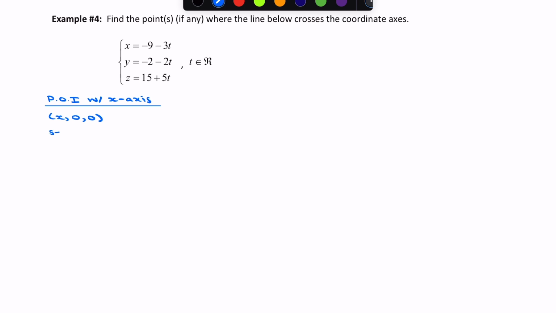So what we'll do here is set the y and z equations equal to 0. The t values must be the same for the line to cross the x-axis.